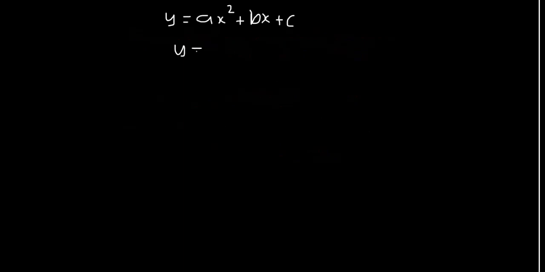Our example is y equals x squared plus 2x minus 3. Here we want to plot a graph, but before that we have to go through some steps, starting with finding the vertex point.